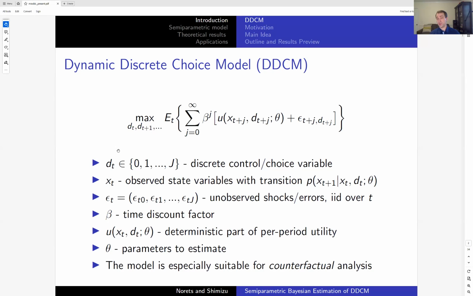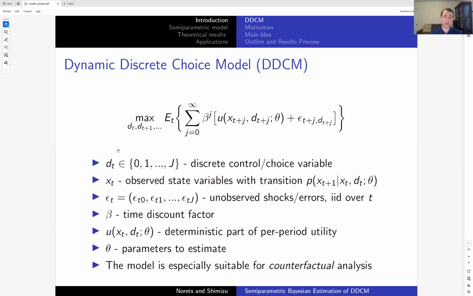Given that choice and state variables, they get per period utility, denoted by U. The choice affects the utility, but also it affects the evolution of the state variables and hence future utilities. That's why it is a dynamic model.